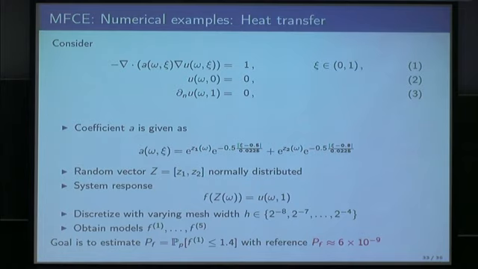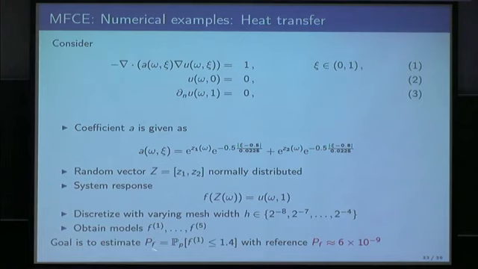And this is again the Poisson equation, or Laplace equation, where we have here a stochastic coefficient. We have two normally distributed random variables. We discretize this with different mesh widths using finite differences, and then obtain the corresponding models. F1 corresponds to the model with the smallest mesh width, and F5 to the one with the coarsest one.